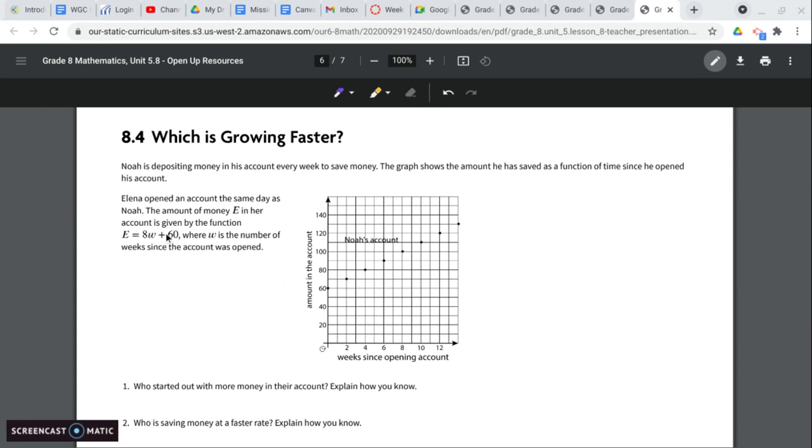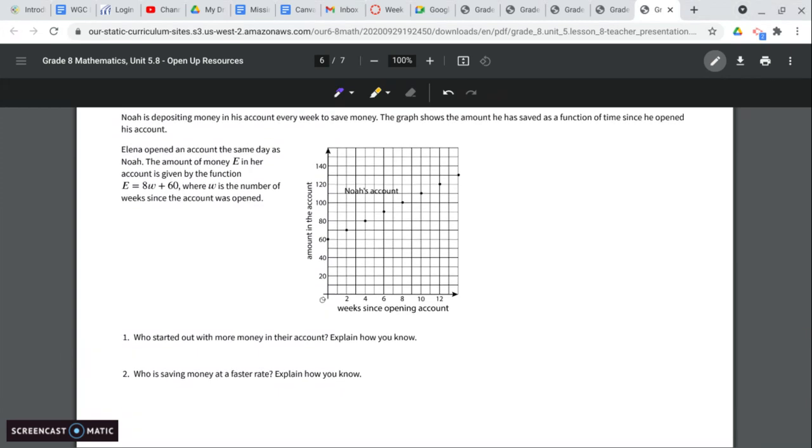Elena's y-intercept would also be 60. So that means that they started out with the same amount. So the y-intercept looking at the graph, and the y-intercept looking at the equation.